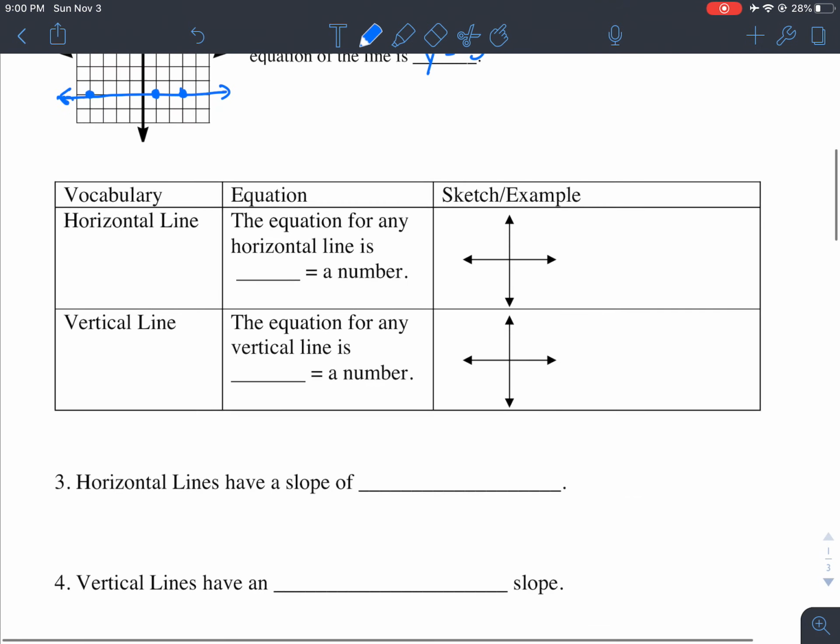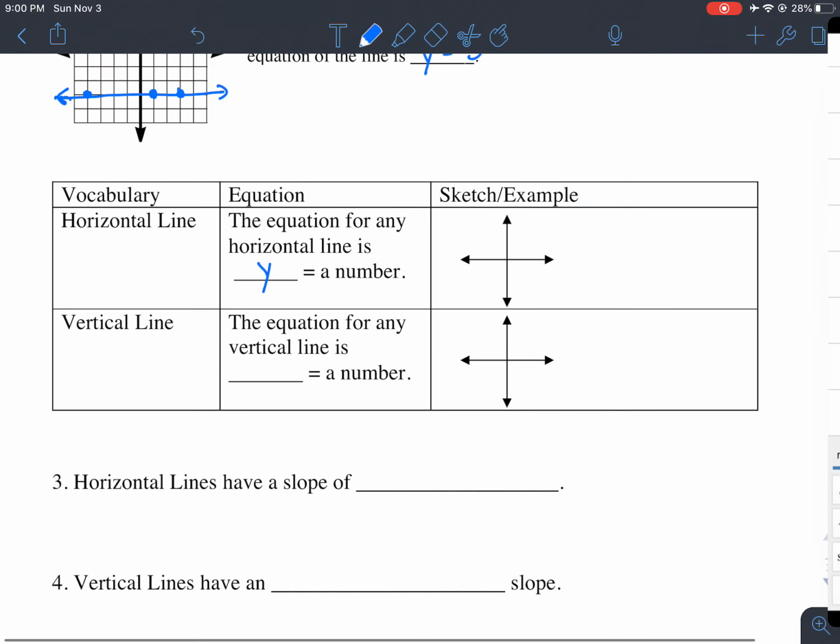Okay? So in general, every single horizontal line is going to have the form of y = a number. And that number is whatever the y-intercept is. So for example, if it was y = -2, then it would be a horizontal line going through -2.